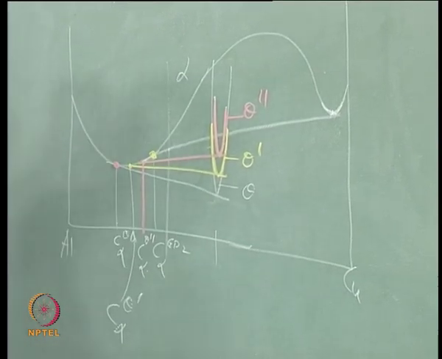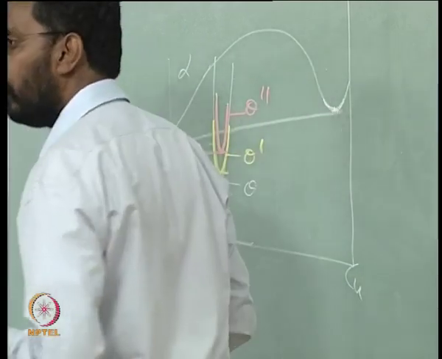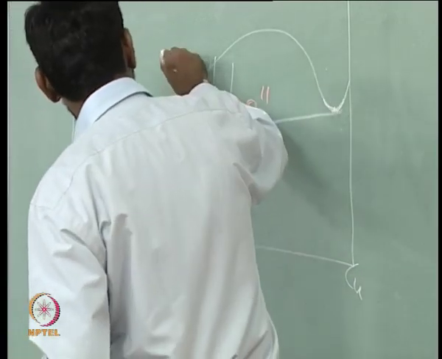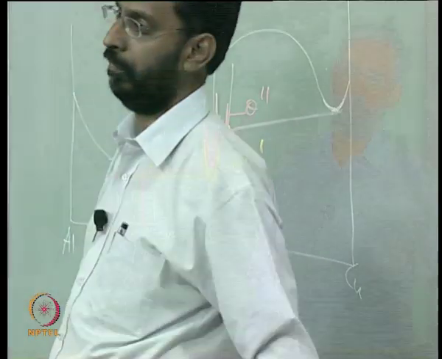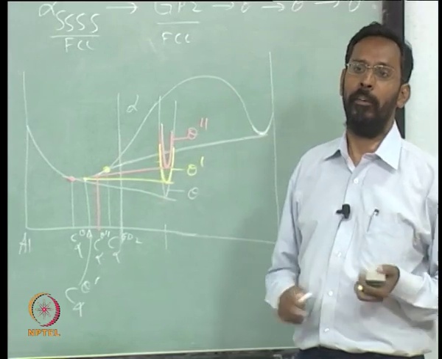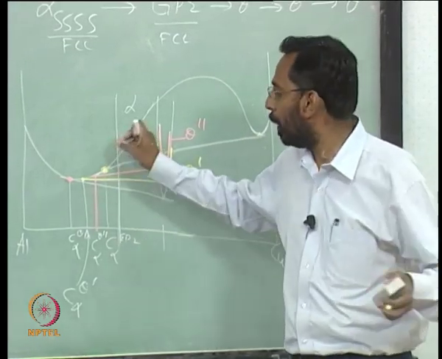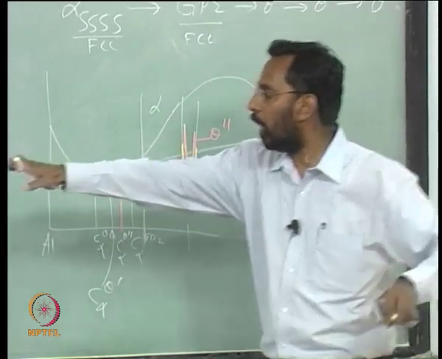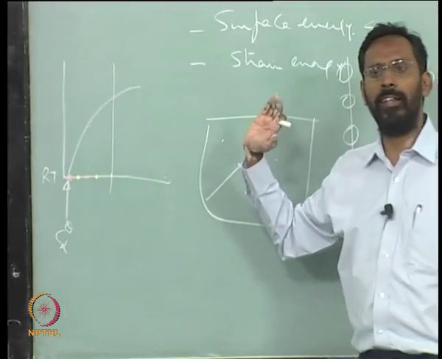For example, if I have this kind of free energy curve, the moment I choose an alloy of this composition, what will come out for this alloy when I bring it to that particular temperature, room temperature, and hold it there?